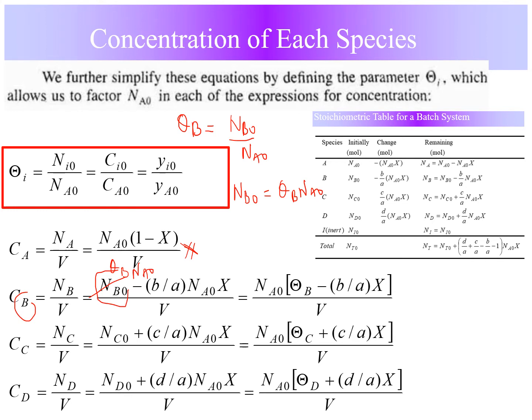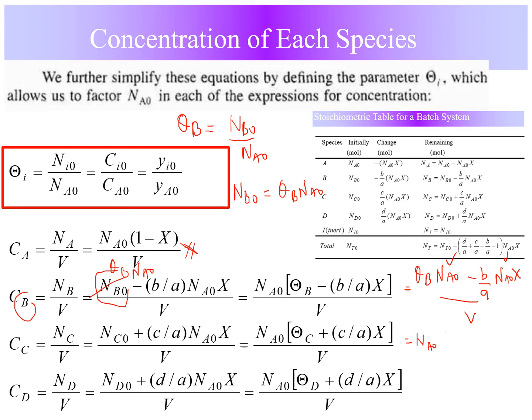Let me expand the equation. You will have theta B NA node minus B over A NA node X over V. If you can see, there's an NA node X and this is NA node X, so you can take it out and put it on the left side.